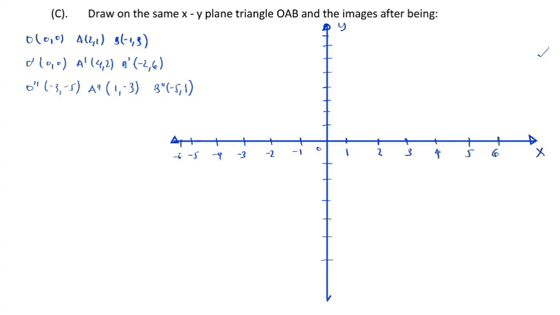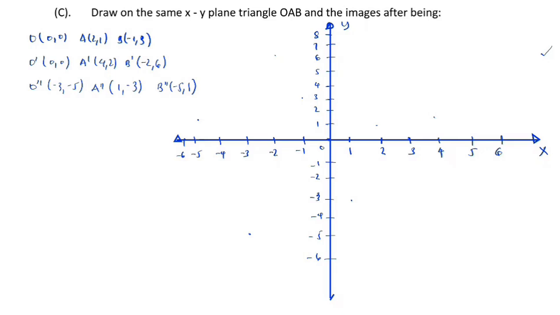And also for the Y line, we have 0 here, 1, 2, 3, 4, 5, 6, 7, 8. And also on the other side, we have negative 1, negative 2, negative 3, negative 4, negative 5, negative 6, and so on.